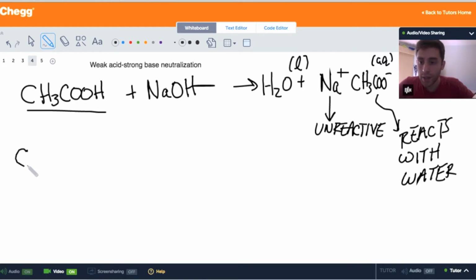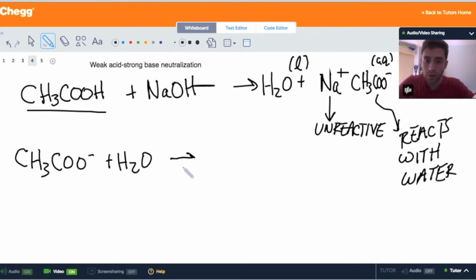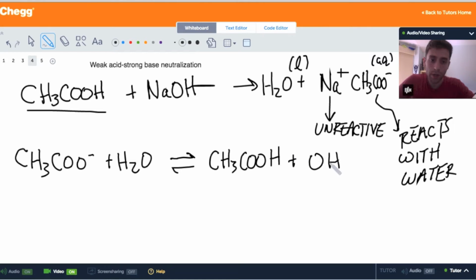So acetate will then react with water to give CH3COOH plus OH minus. It's going to grab a proton from water to form OH minus because acetate is a weak base.